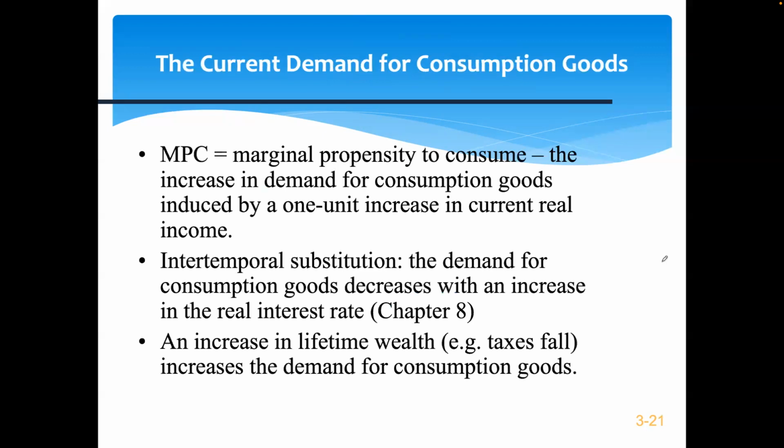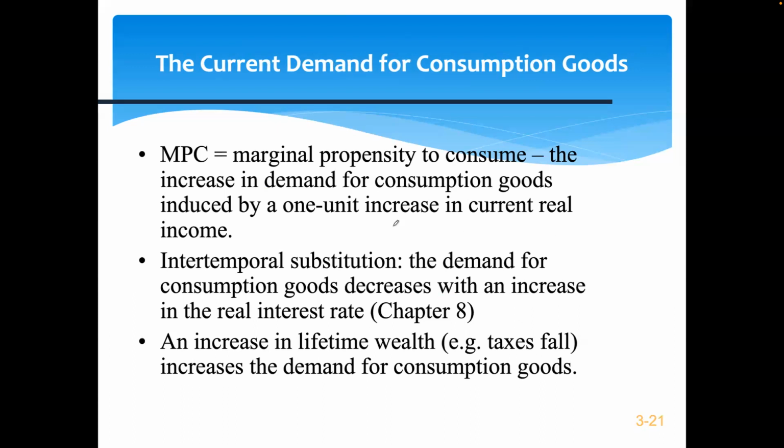All right. So first, let's look at the current demand for consumption goods, right? First, we have the MPC, the marginal propensity to consume, right? This is the increase in demand for consumption goods induced by a 1 unit increase in current real income.